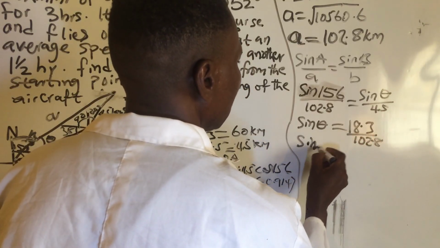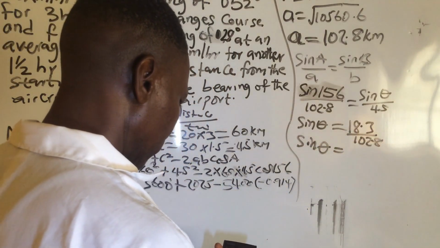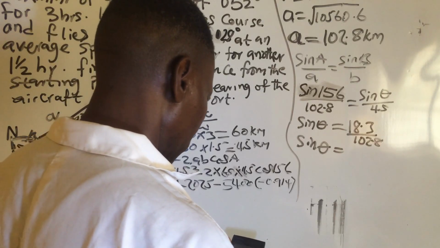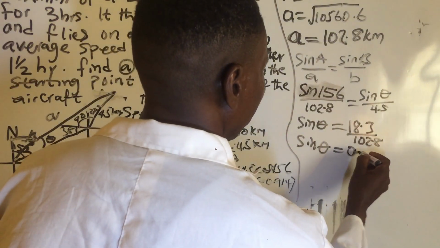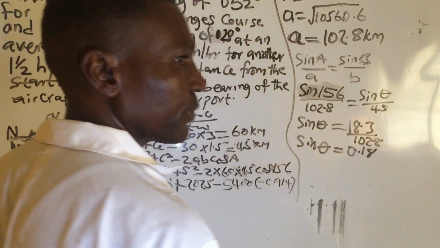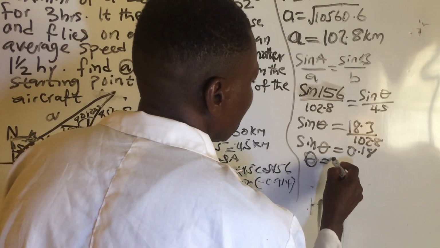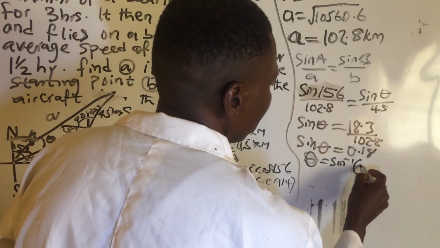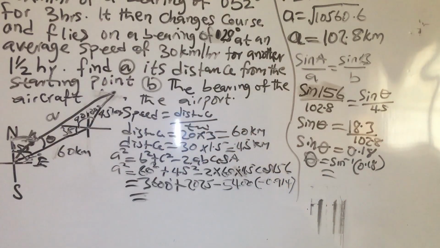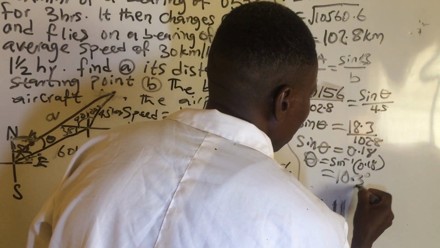When we divide it, we have approximately 0.18. Finding theta, we have theta equals sine inverse of 0.18, which will give us 10.3 degrees.